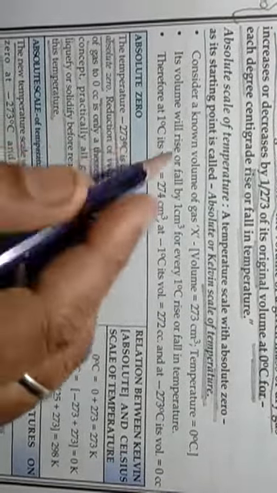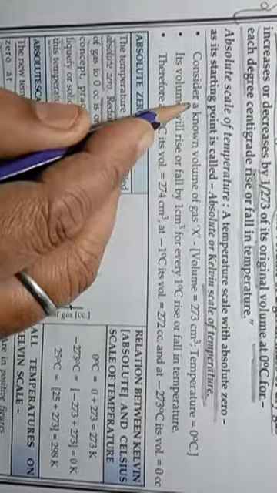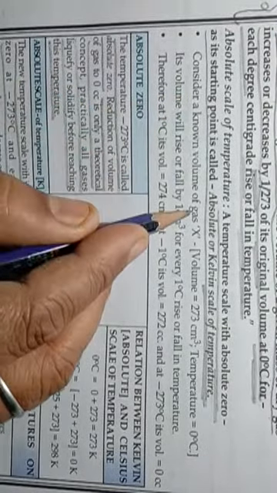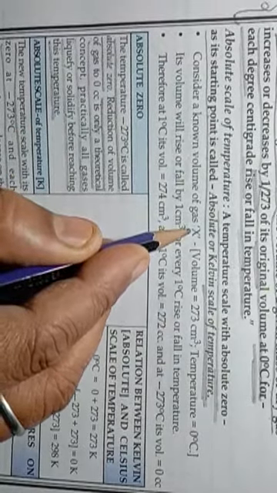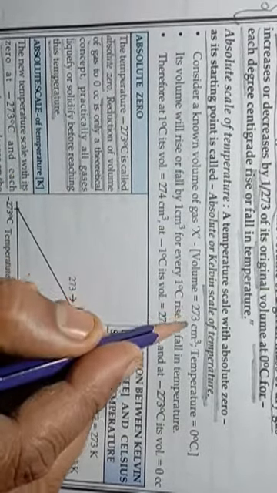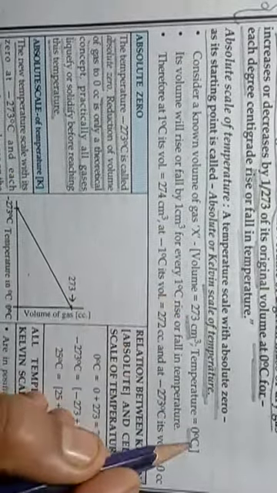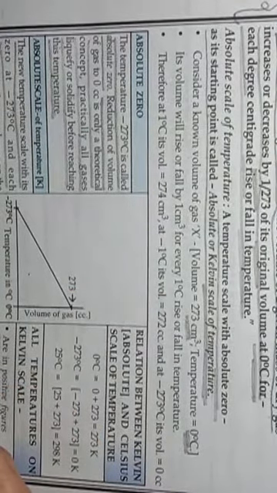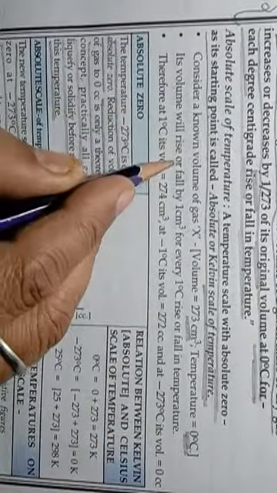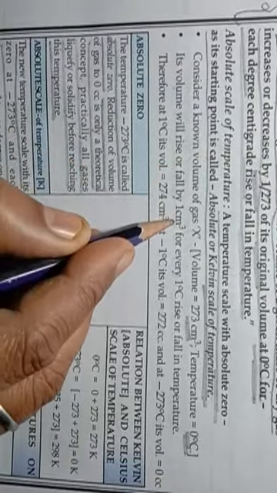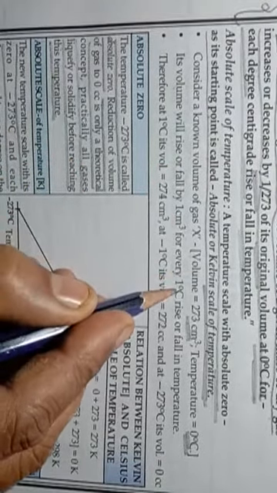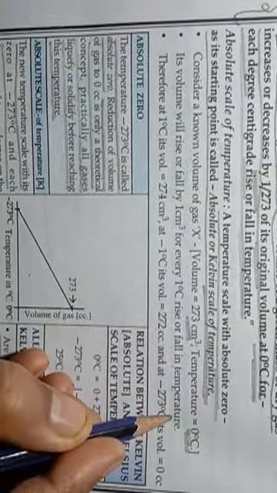According to this example, consider a known volume of a gas X. Let the volume be 273 cm³ and the temperature 0 degree Celsius. Its volume will rise or fall by 1 cm³ for every 1 degree Celsius rise or fall in temperature.